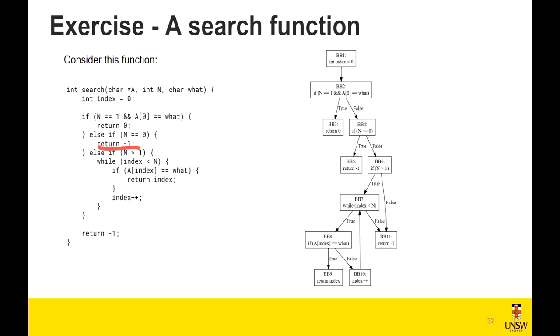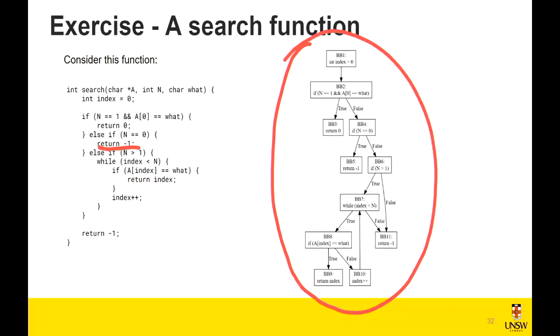So this is a rough explanation of the control flow of this program, and we can see this is the control flow graph of this program. In this control flow graph, each one of the basic blocks is made up of one single statement, and it's actually quite straightforward.